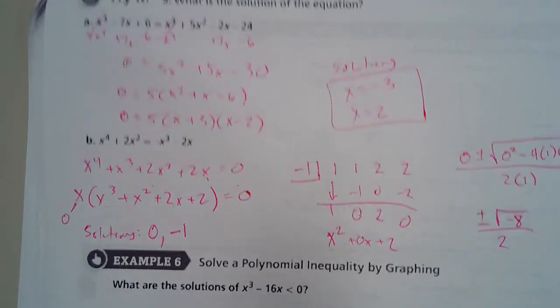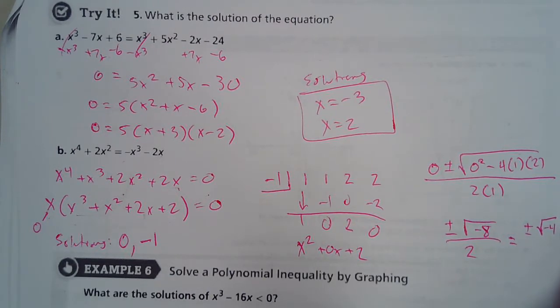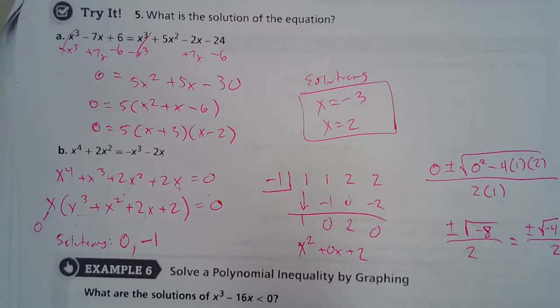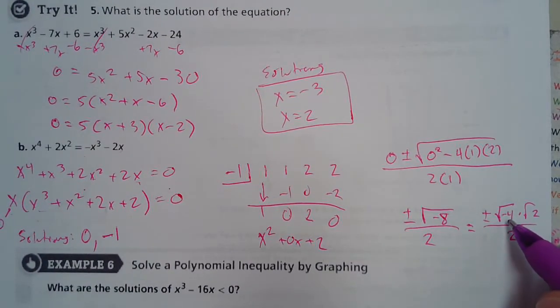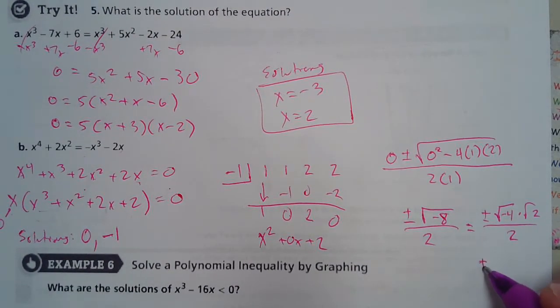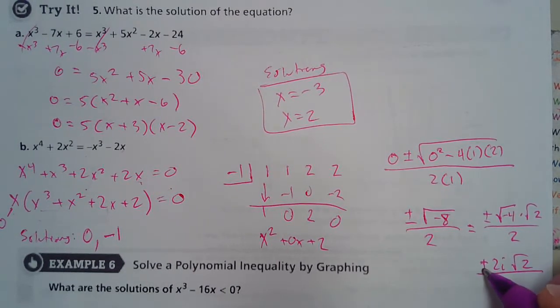And what does that simplify to? Well, the 8 we can break down to -4 times 2. Because remember, we want to pull any perfect squares we know out of there. And the square root of -4 is going to be 2i. So we get plus or minus 2i root 2 over 2. And lastly, the 2 divided by the 2 will cancel each other out.